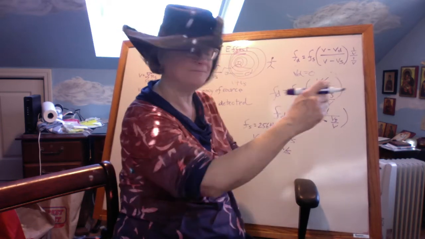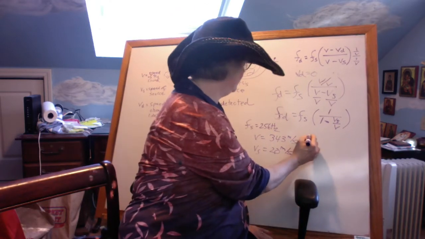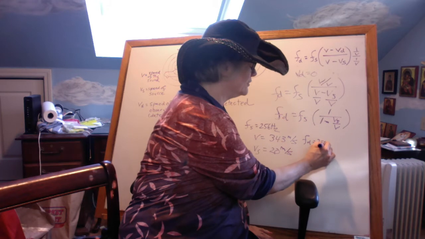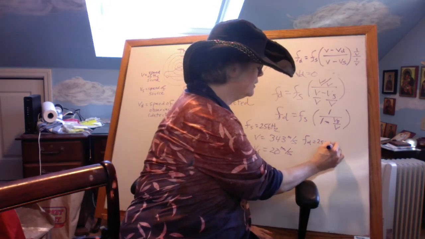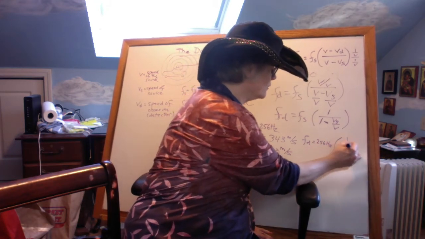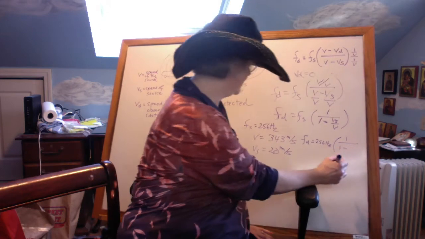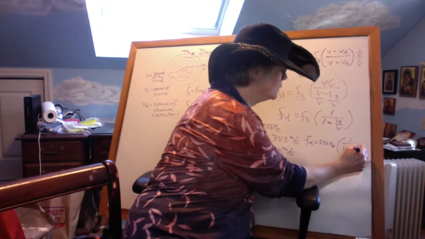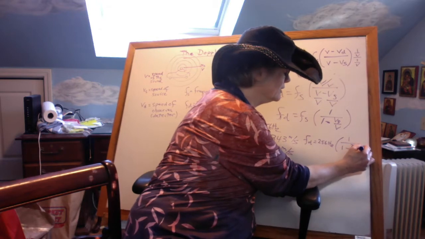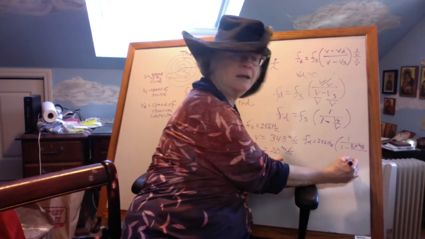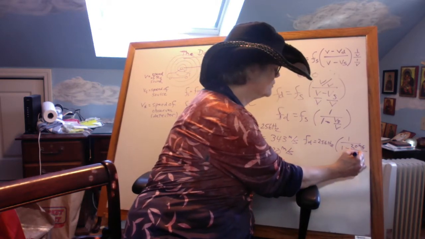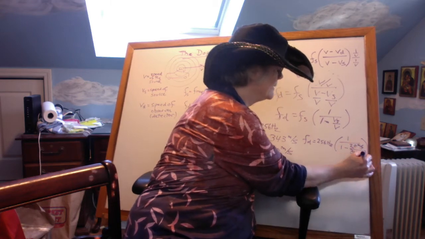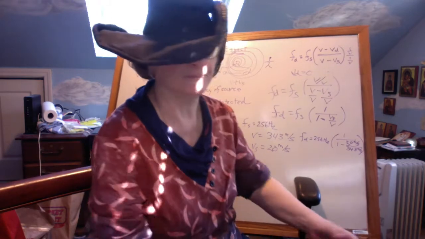So that means the frequency of the detector will be equal to 256 hertz times this fraction, 1 over 1 minus, v sub s is 20 meters per second divided by 343 meters per second. That's a big fancy fraction.